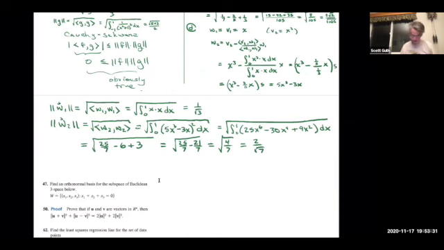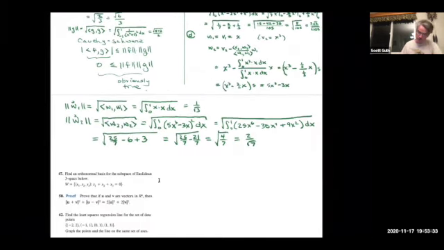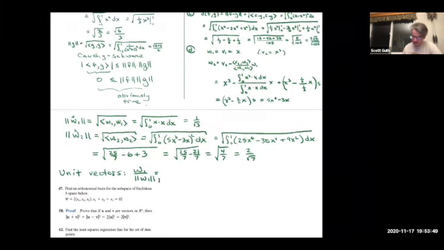Okay. And then the unit vectors would be W1 over the magnitude of W1. So W1 is just x. So this would be x over 1 over square root of 3. So that's just root 3 x.